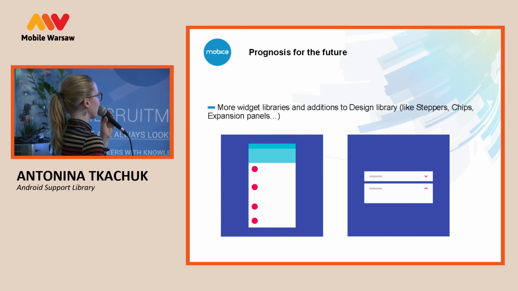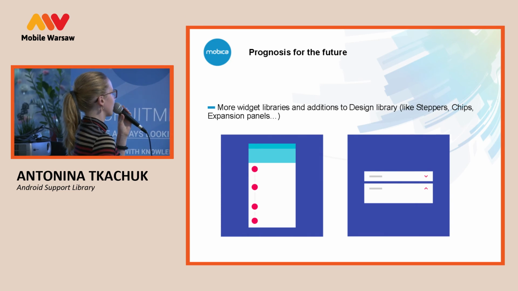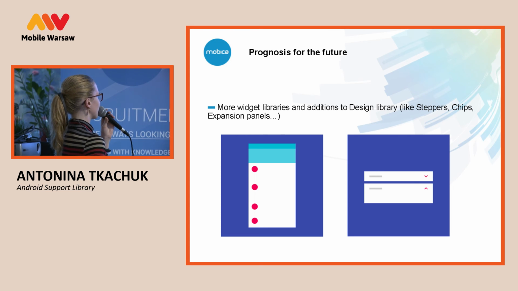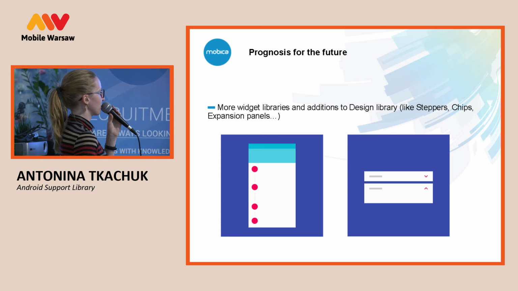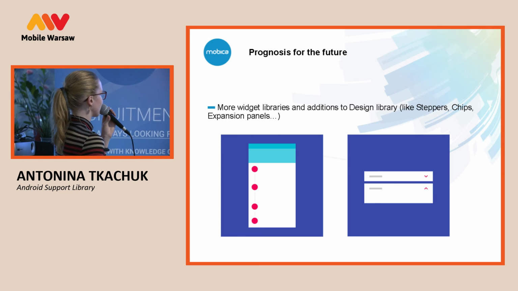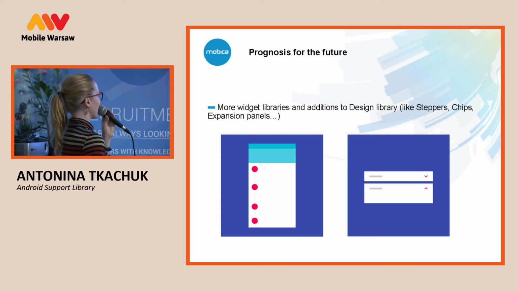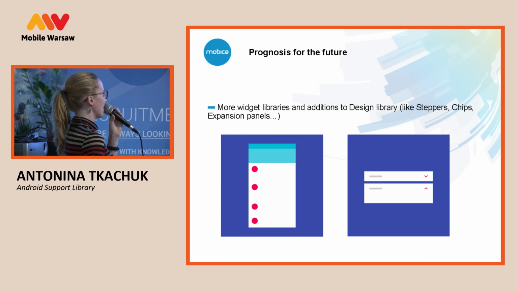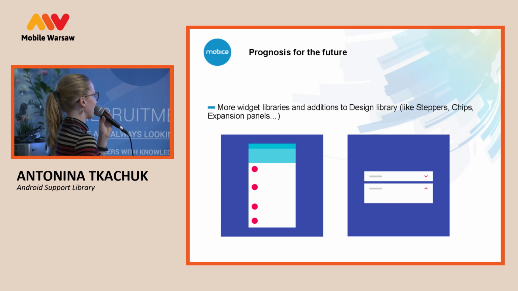Also, I think that we will have more widget libraries like card view or recycler view or grid layout, because material design is not only about Android, it's about Google in general, and they have steppers, chips, expansion panels. The Android team was really happy announcing bottom sheets recently, and I think they will announce something new with the Android N release.